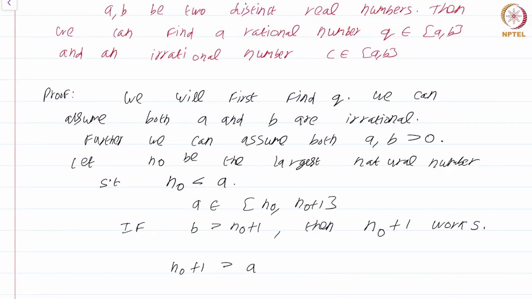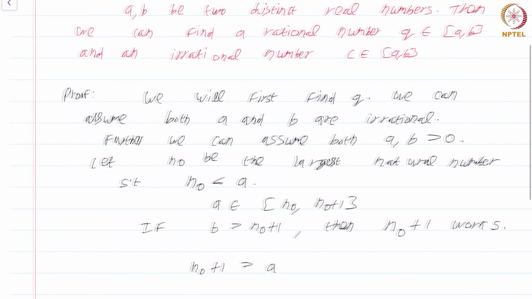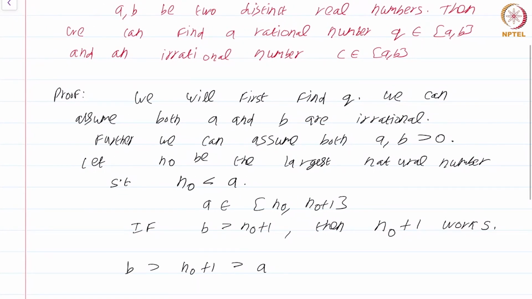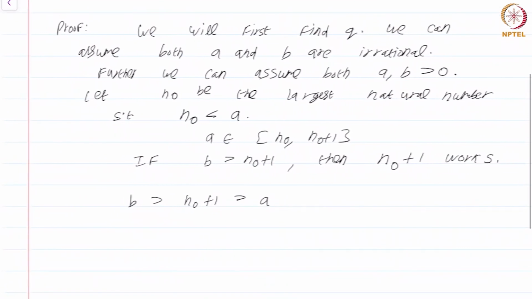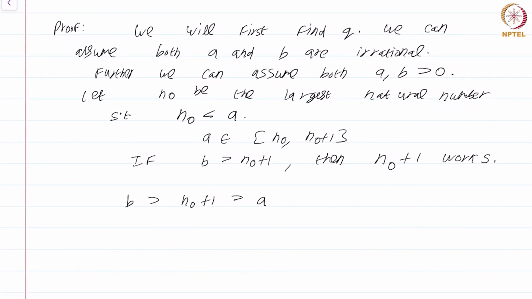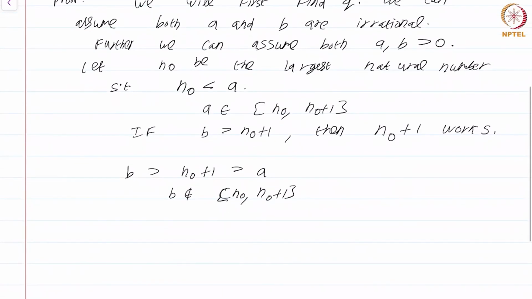In fact, it's got to be greater than a because we already assumed that a is irrational and it's less than b. So we have found a natural number that lies in between a and b. So we are done. So we can assume that b is not an element of n naught, n naught plus 1.